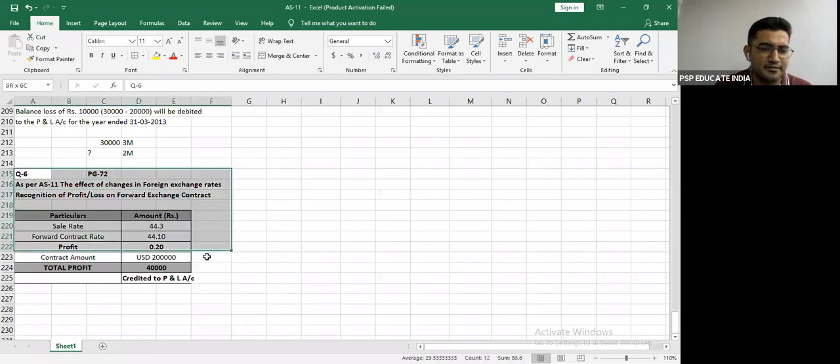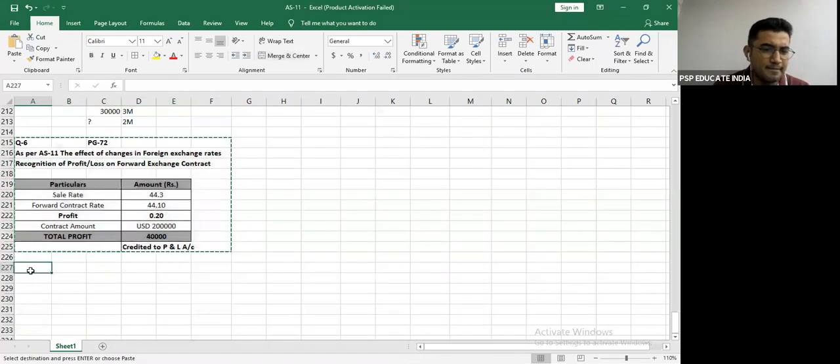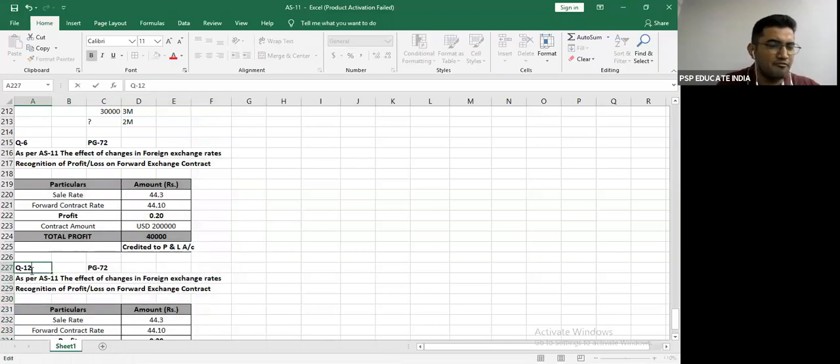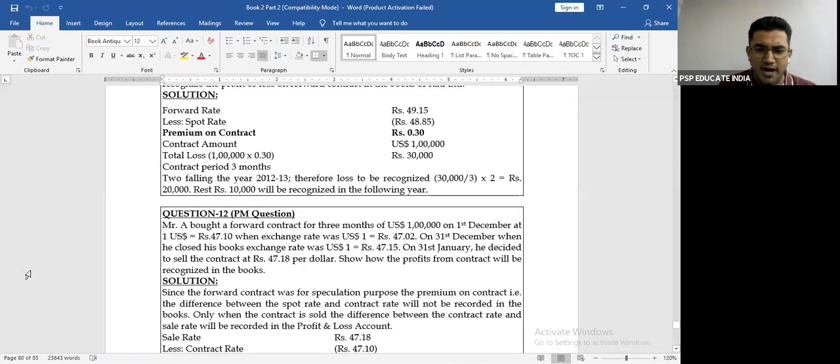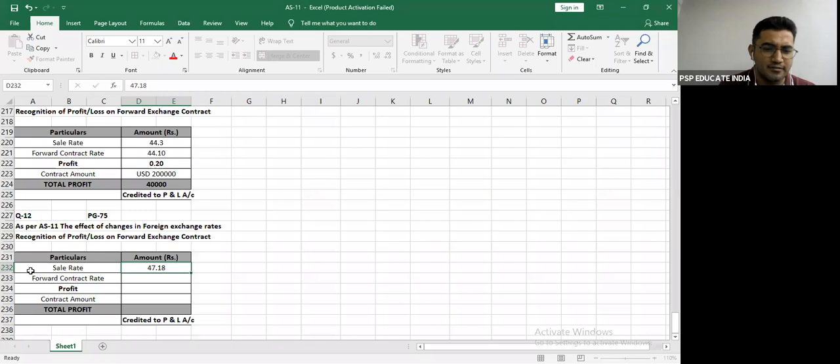Put your first statement. Question number 12, which is given to you on page number 75. As per AS 11, the effect of changes in foreign exchange rates, recognition of profit or loss on the contract. You sold at 47.18 and you purchased at 47.1.